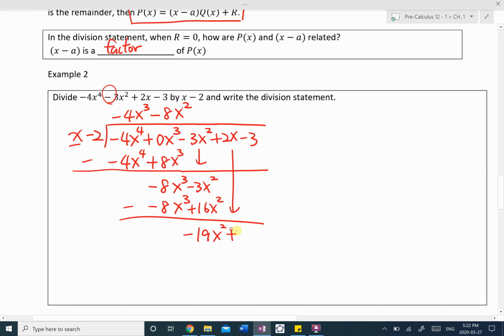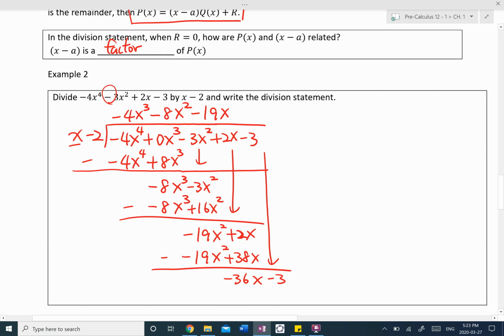Bring down the next term, plus 2x here. You need to multiply by negative 19x in this case. And then you multiply, you should get negative 19x squared plus 38x. Subtract again, you get negative 36x. Bring down the last term, negative 3 here.